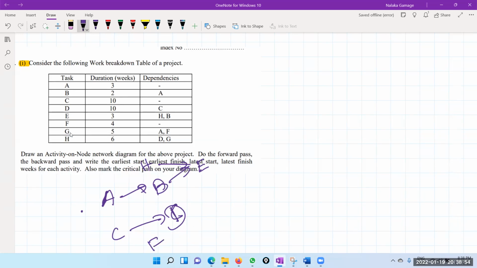G depends on A and F. So A must be somewhere here, then F must be somewhere here. G depends on A and F.